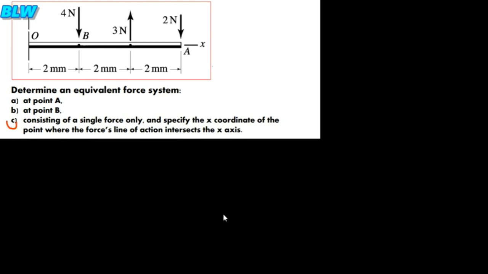Okay, so we look at the last part of the question, which says that we should determine an equivalent force system consisting of a single force only, and then specify the x coordinate of the point where the force's line of action intersects the x axis.